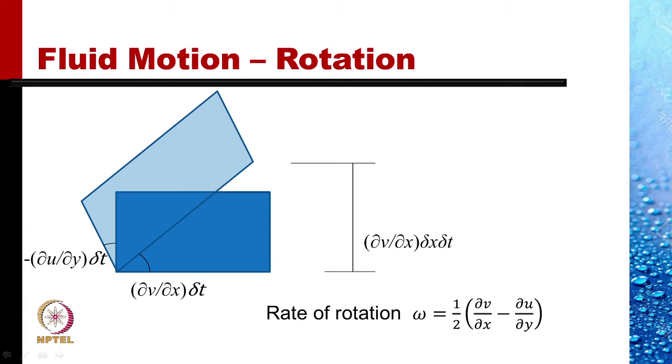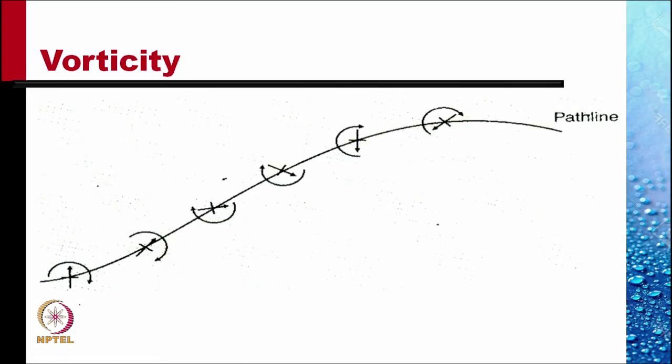We will be using this fact later. This rotation of the fluid element, curl of v, which is twice the rate of rotation, is also termed vorticity, as a measure of rotation of the fluid element.